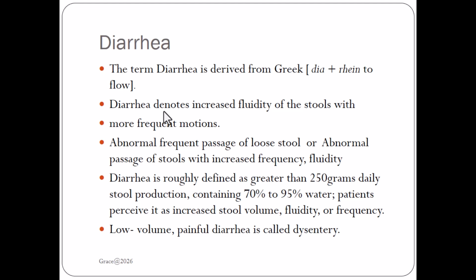Diarrhea is roughly defined as greater than 250 grams daily stool production, containing roughly 70% to 95% water concentration. So your patient may perceive an increase of fluid or water in the feces, or stool fluidity, and then the frequency, like if they always go once a day, you may find that they have 2 or 3 times a day.